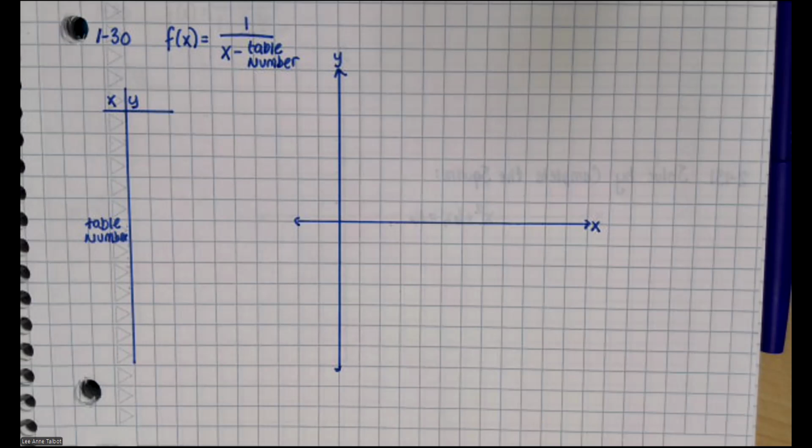I put 5 on each side from my table. That's your negative 0.6.